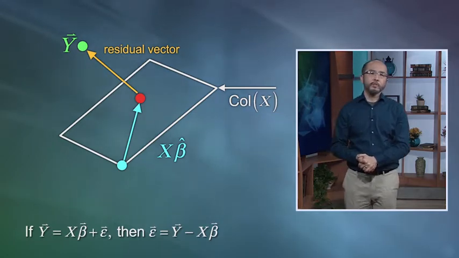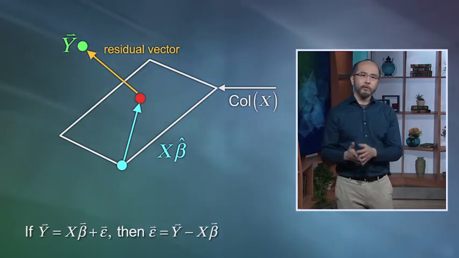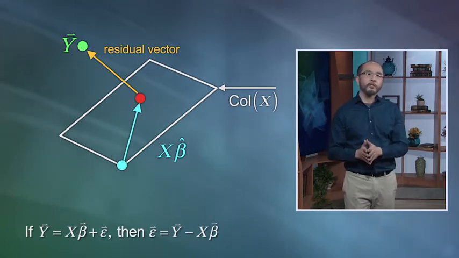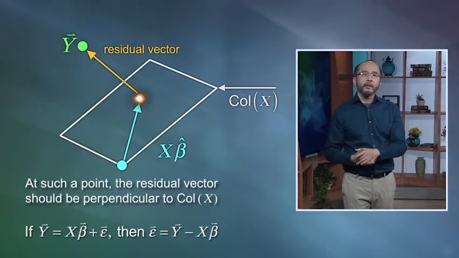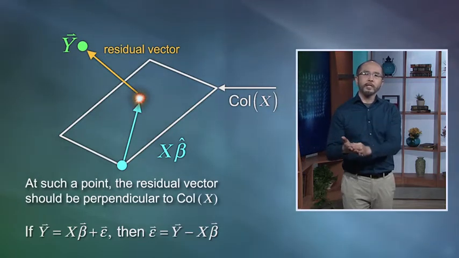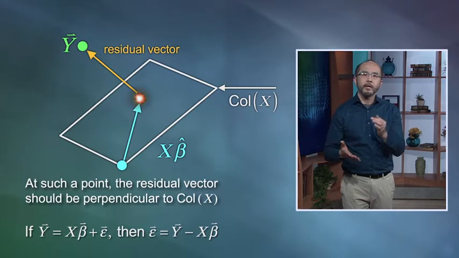Now, you could use multivariable calculus to find this point if you knew some, but there is an easier way. Our geometric intuition tells us that at such a point, the residual vector should be perpendicular to the subspace.